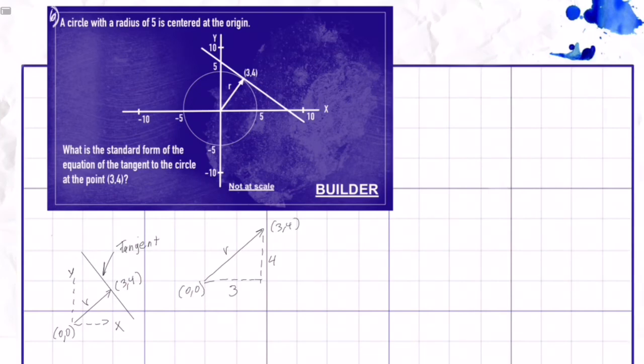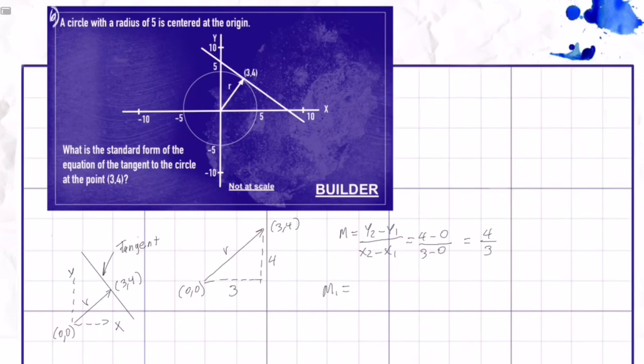So with that, we can find the slope of the radius with the slope formula: y2 minus y1 divided by x2 minus x1. So we substitute into the equation. We know that 4 minus 0 divided by 3 minus 0 equals 4/3. That is the slope of the radius.